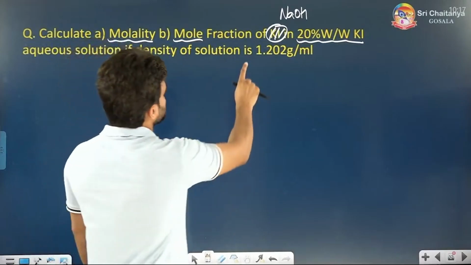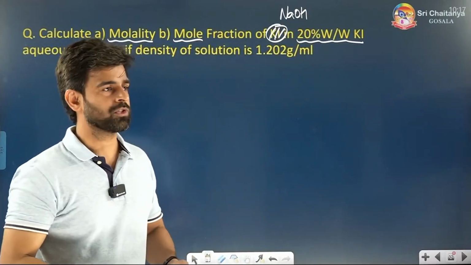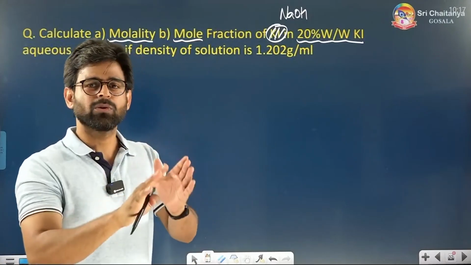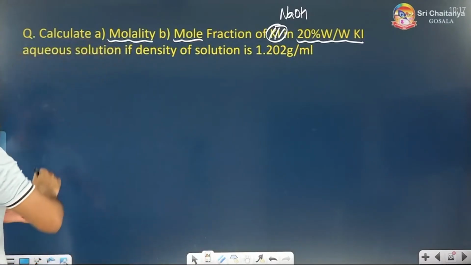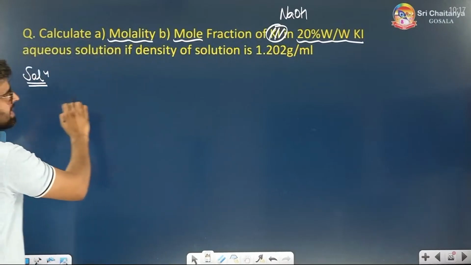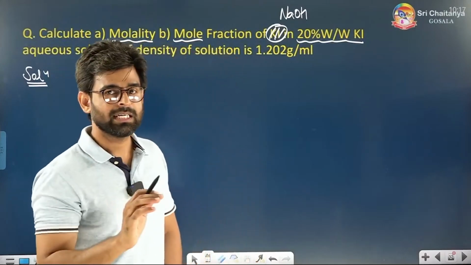So please take 20% NaOH. Imagine, right? And then solve the question. I am saying 20% NaOH, then solve the question, right? Same question we just did just now. They can give any solute, it's fine for us.